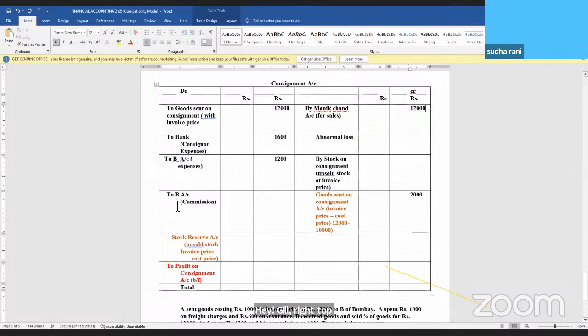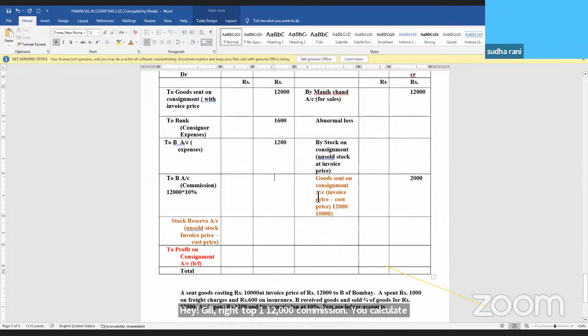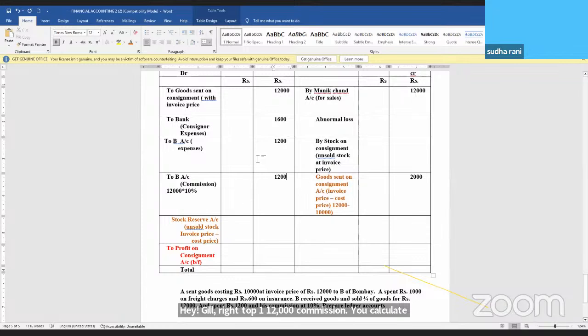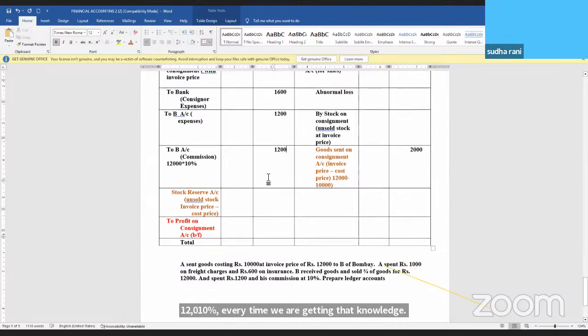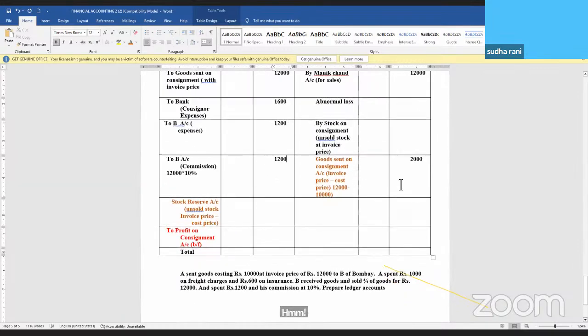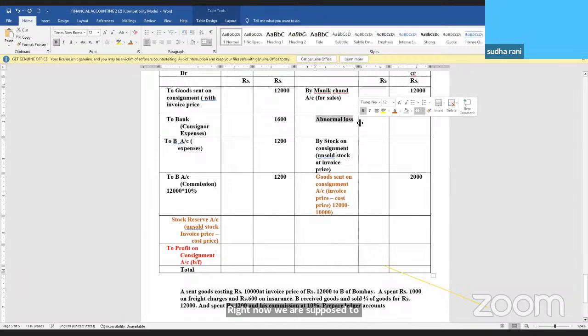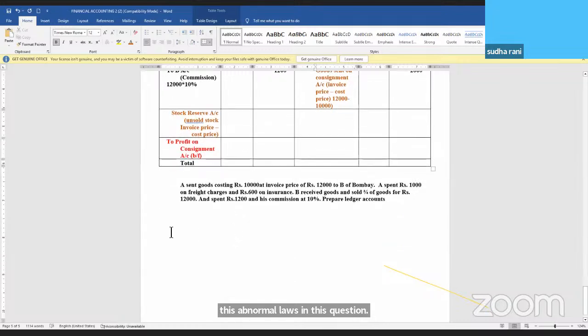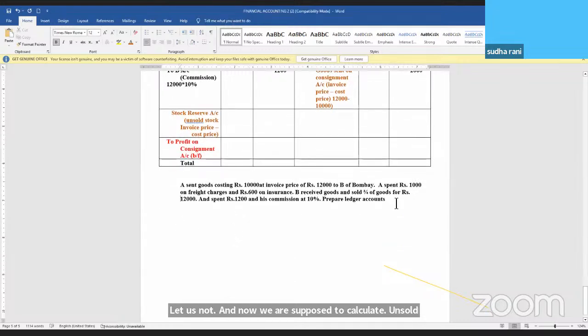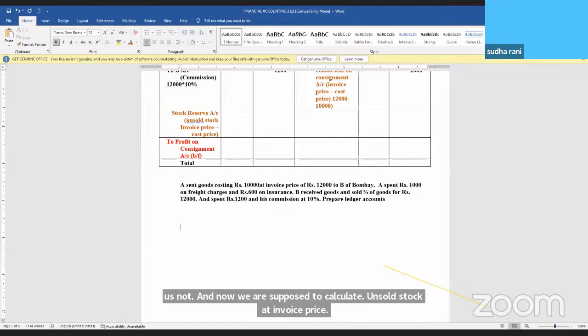Upon 12,000 you calculate commission: 12,000 into 10% is 1,200. We don't have abnormal loss in this question, let us ignore it. Now we are supposed to calculate unsold stock at invoice price. With this calculation, I'll stop. Please don't go away.